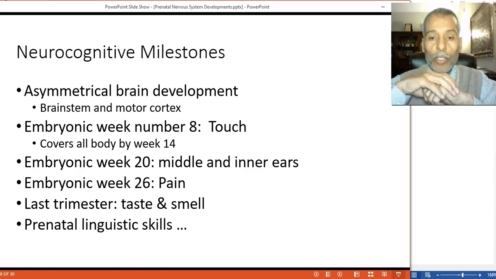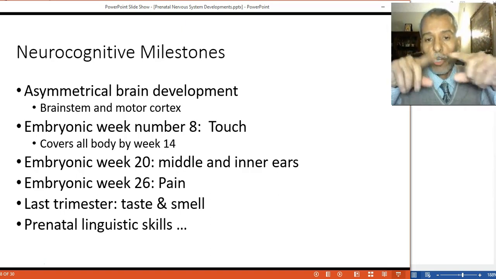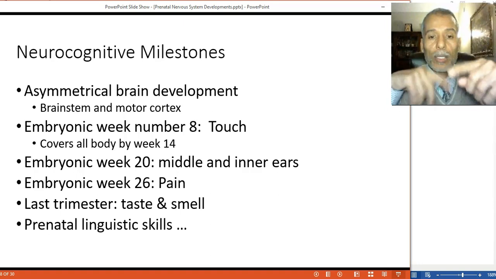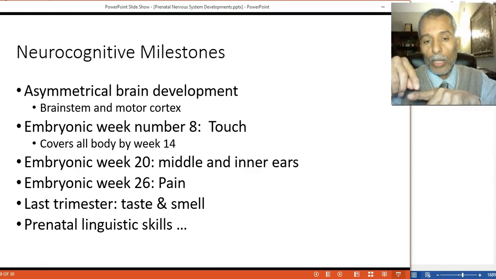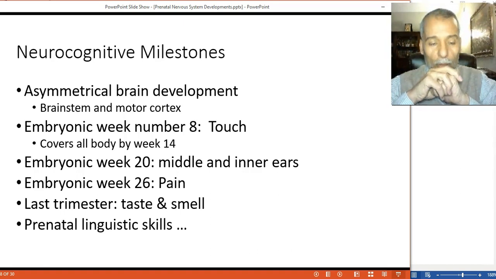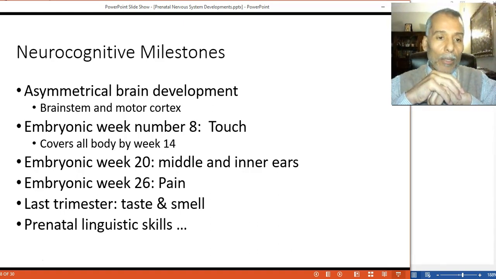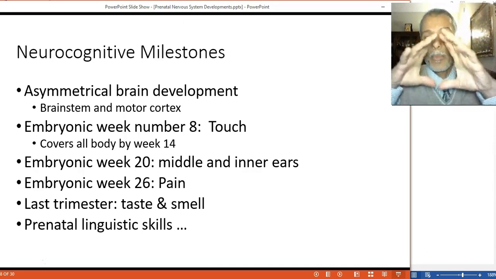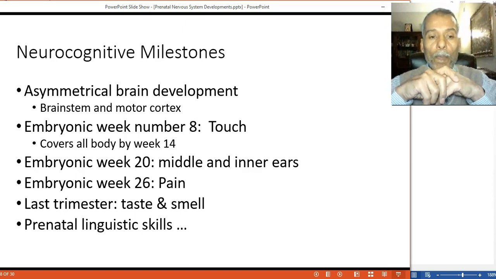Taste also: research shows that if you feed the mother in the last trimester a certain kind of diet, say carrots, more than others, then when the newborn starts to eat, you see that they have a preference for carrots, or whatever the mother consumed more of. So taste buds develop at that time, and the baby in the last trimester has the ability to taste and to smell. Also by week 26, the baby has the ability to feel pain in different parts of the body.